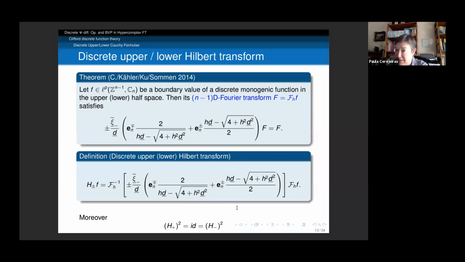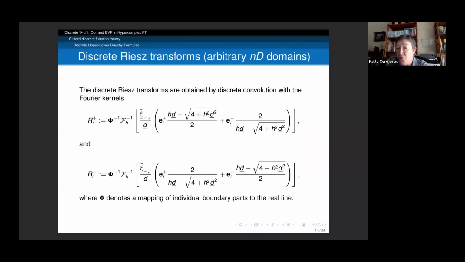They satisfy the properties, and even better, I'm doing this here for the upper half plane, but you can do it for any dimensions because you already know that the Hilbert transform, its components in each direction are the Riesz transforms, and you can construct them with respect to any of the axes, and you can even construct a Riesz transform adapted to any curve that you have in the space, where you need only to pull back this mapping for the real line that you have.